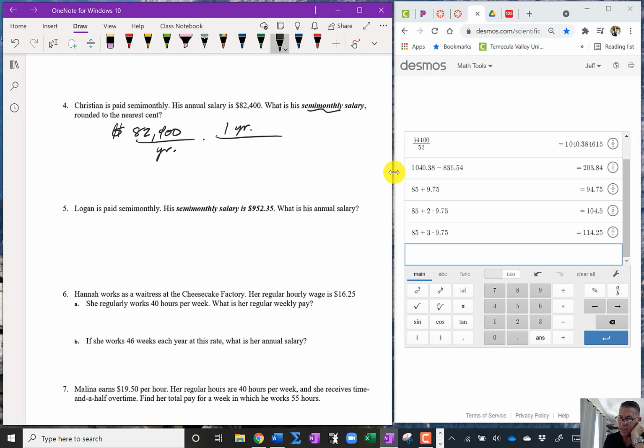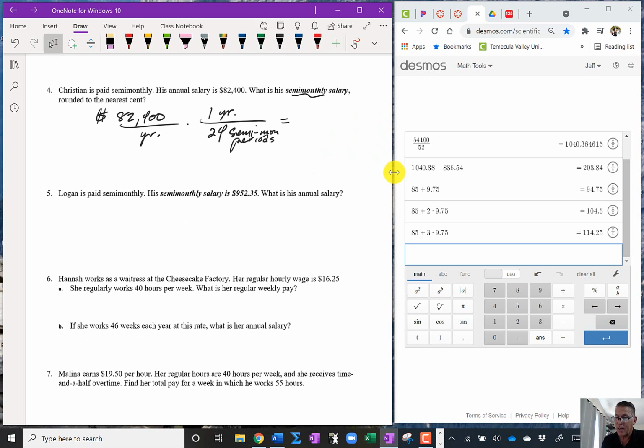In 1 year, there are 24 semi-monthly periods. Okay, for each month, you get paid every half month. So, like in April, it's 30 days, so you can get paid the 15th and the 30th. But like I said, months like December, which has 31 days, you may get paid the 16th and the 31st, or the 15th and the 31st. It depends. But there's 24 semi-monthly periods per year, so that's like the magic conversion factor.